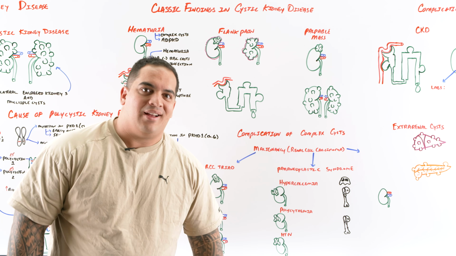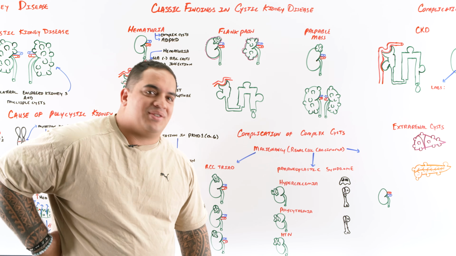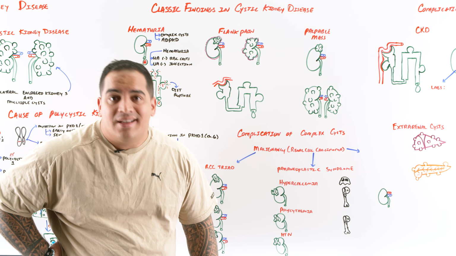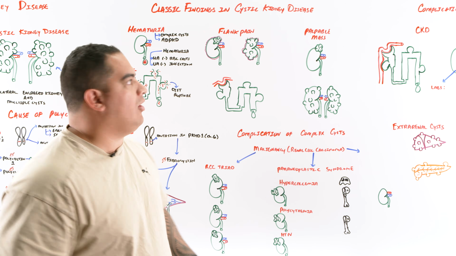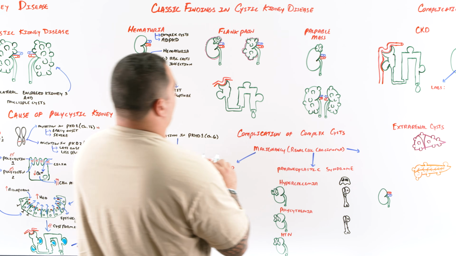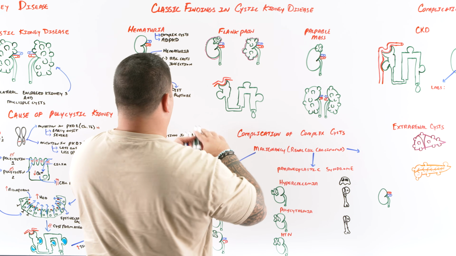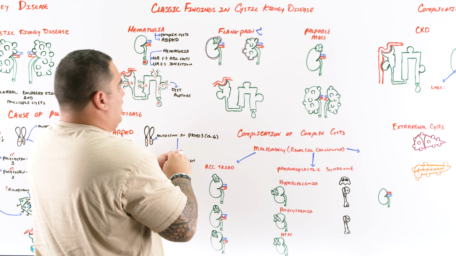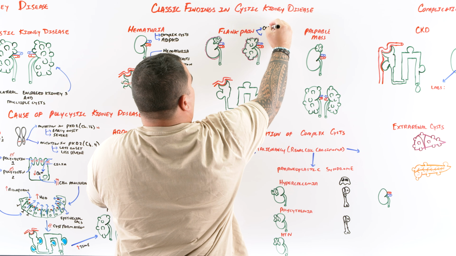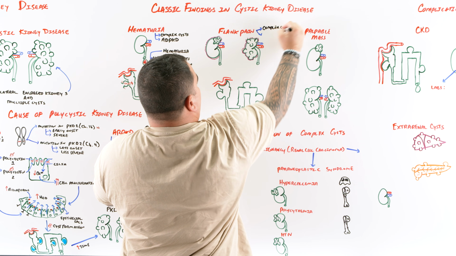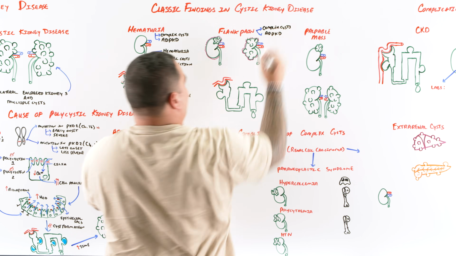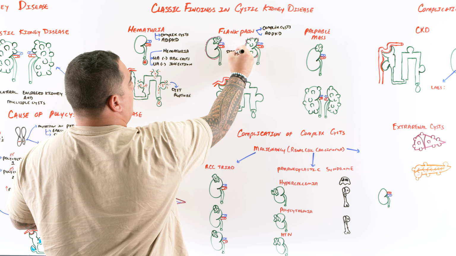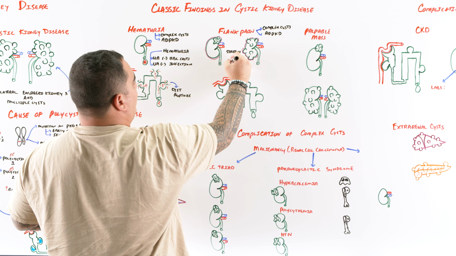Flank pain is another really common feature. And this can be tough because patients can also present like this with other causes. Maybe they have a tumor. Maybe they have nephrolithiasis. And so you have to be thinking about alternative reasons. The most often reason, and again, we can see this in complex cysts, and more so in autosomal dominant polycystic kidney disease, is that you're stretching the renal capsule.